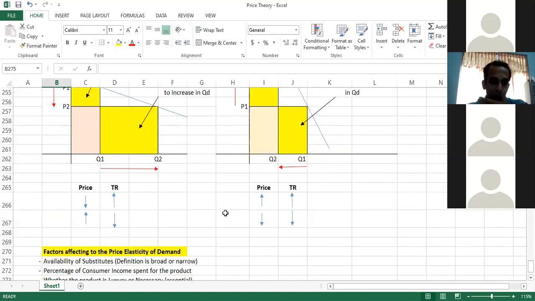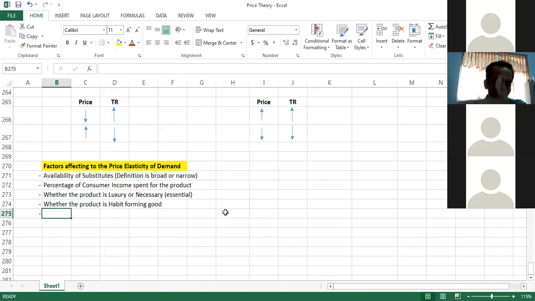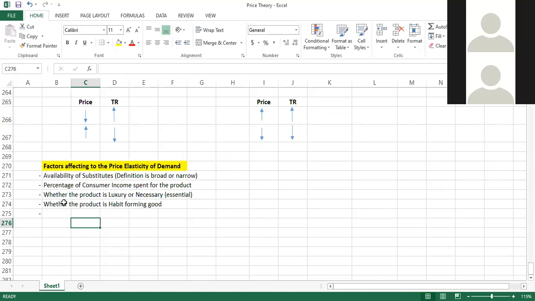So what are the examples for this category? Liquor, cigarettes. Those products we can consider under this category. Use as a habit. If you ask the users why they are using this product, there is no reason. Use as a habit.